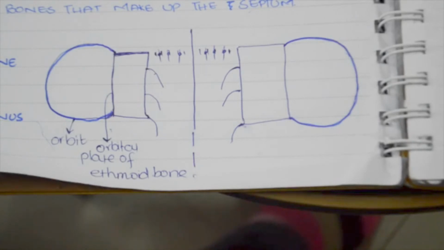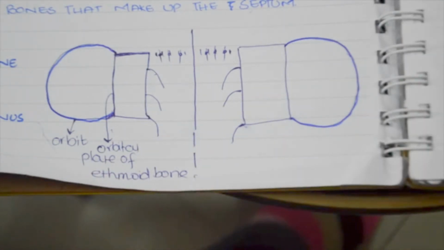It will push the eyeball, causing protrusion of the eyeball, and then proptosis may occur. This is the same thing that happens in infection of the maxillary air sinus, not the frontal, I'm sorry. I don't think frontal will cause it, but let's just do it for the while.